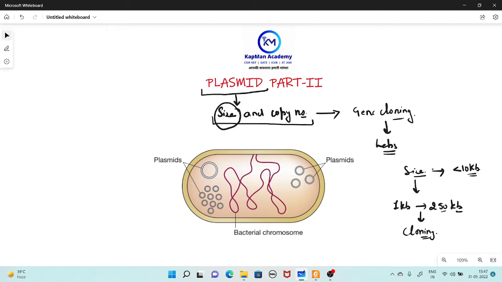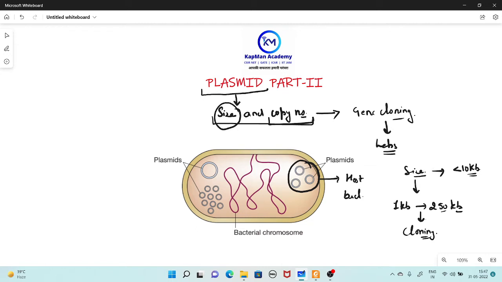kilobase pair, right? If we talk about the copy number, it depends on the number of molecules of the plasmid present in the host bacterial cell.